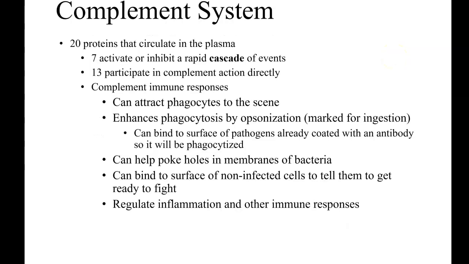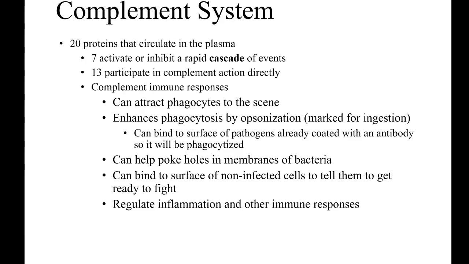We've already mentioned complement, and complement are basically 20 different proteins. I'm not going to ask you to memorize all of these complement proteins, but we will talk a little bit about what complement does. So complement can attract those phagocytes to the scene. So remember those white blood cells that are going to run into the face of danger.